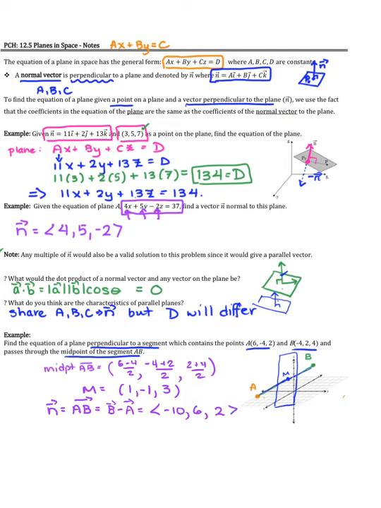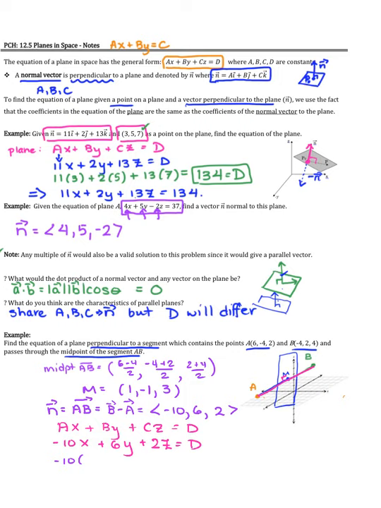I have a point on the plane. So the equation of my plane, remember, Ax plus By plus Cz equals D, where we know A is negative 10, B is going to be 6, C is going to be 2, because that's the normal vector, because they told us that segment is perpendicular to the plane. Now, I need that point, so I take the point and I plug in.